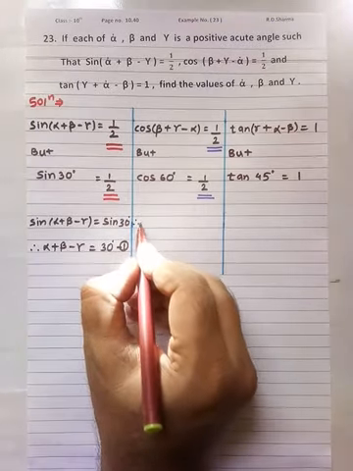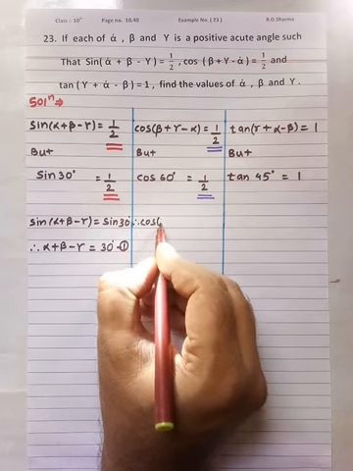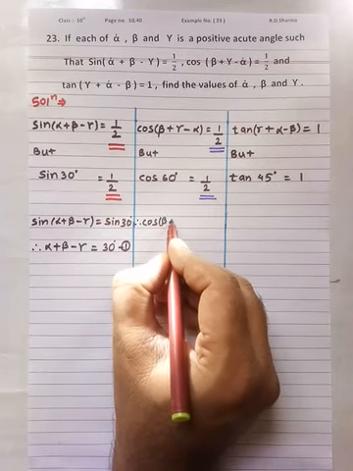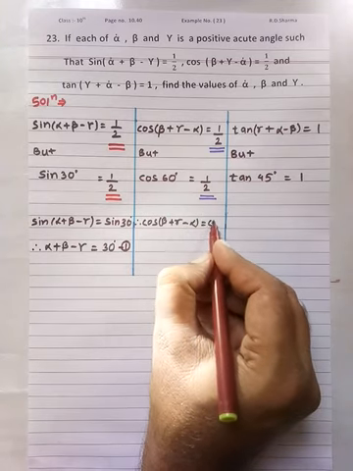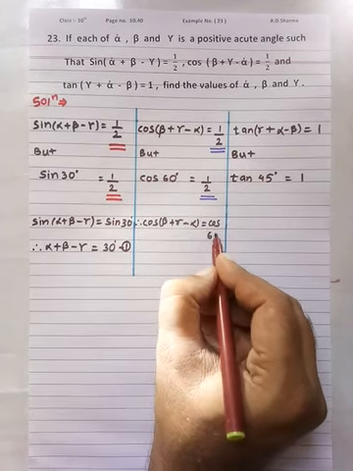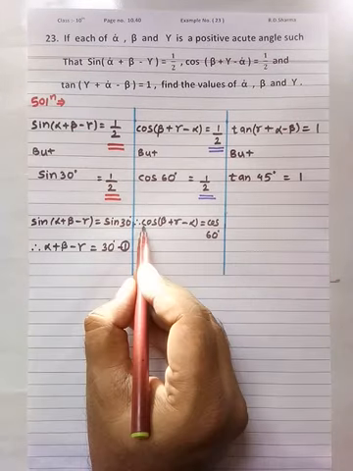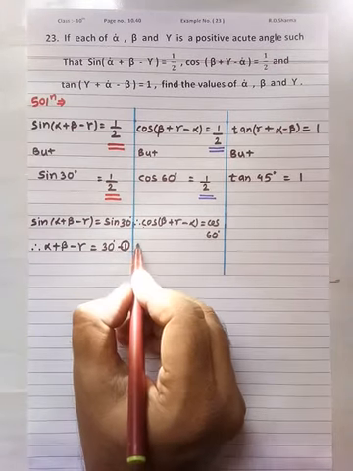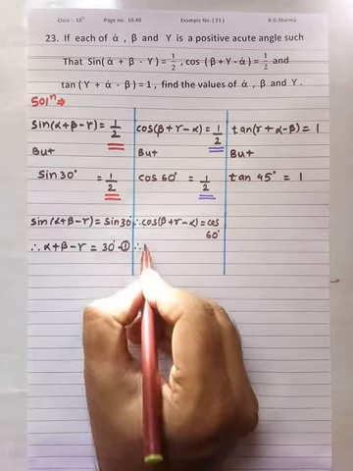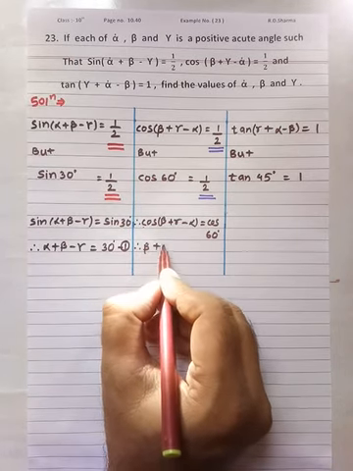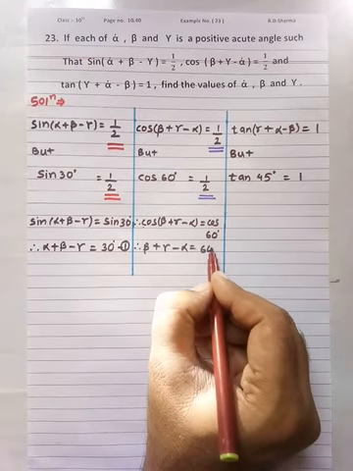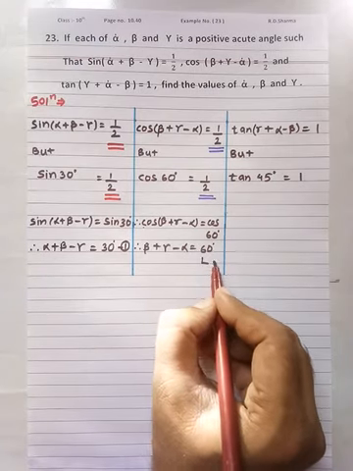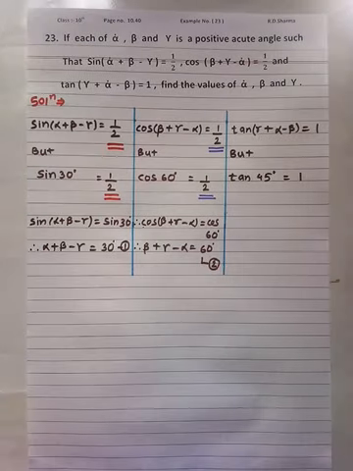Therefore cos(beta plus gamma minus alpha) is equal to cos 60 degrees. Comparing cos with cos, beta plus gamma minus alpha is equal to 60 degrees. This is equation number 2.